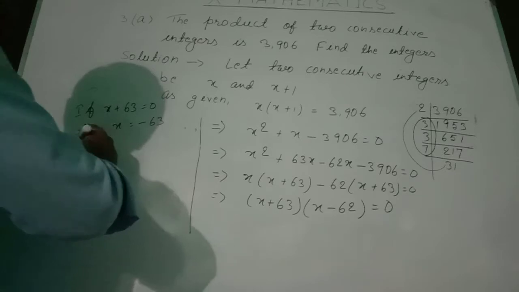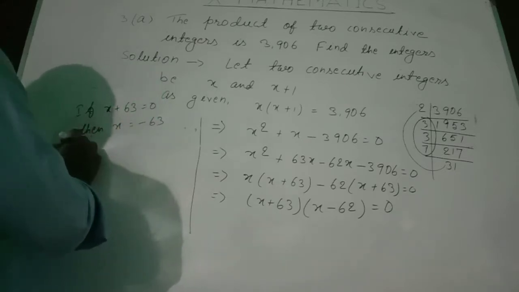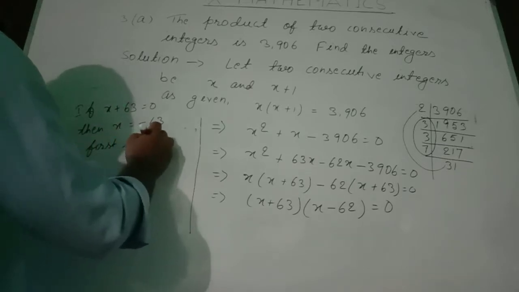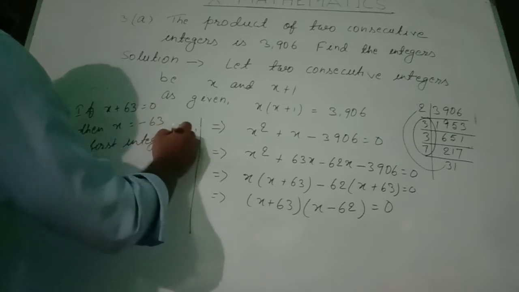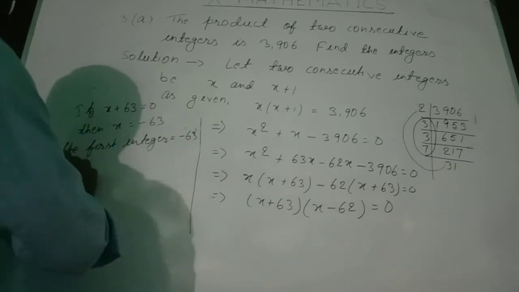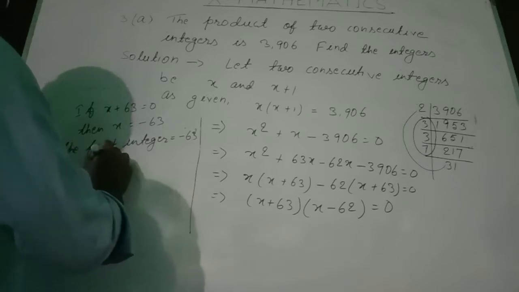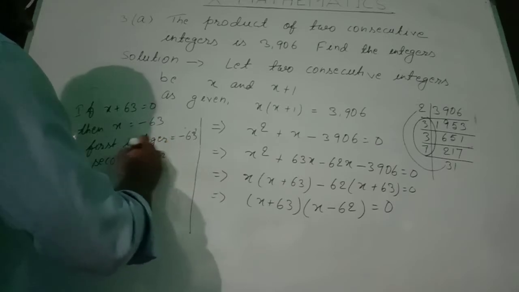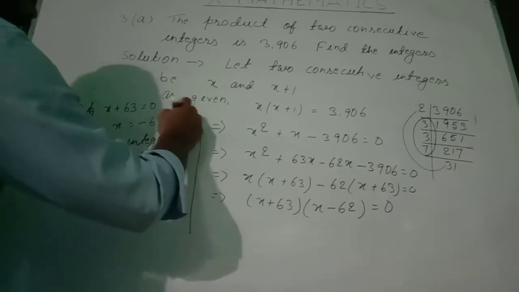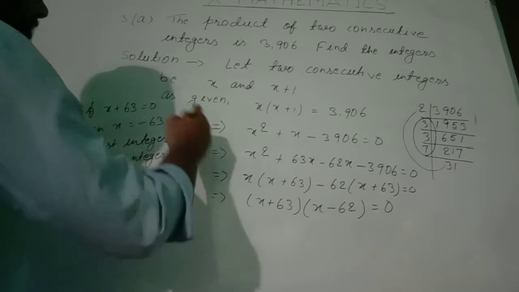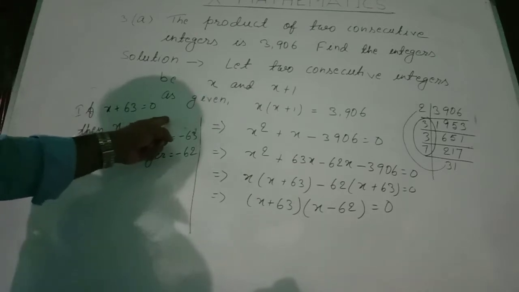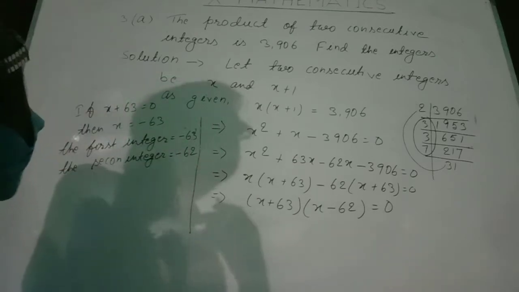And second, so we write first integer equal to minus 63, the second integer equal to minus, we have to add plus 1, so this will be minus 62, because second one is x plus 1, so we will add plus 1, minus 63 plus 1 equal to minus 62.